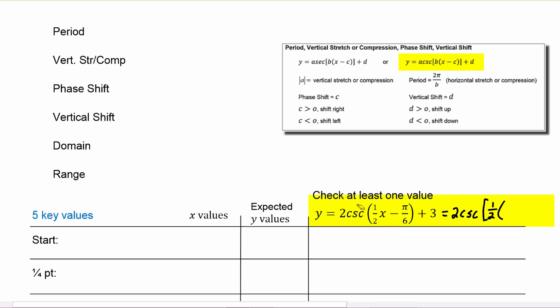So if we take 1/2 x times 2, we get x, and then minus, and we take pi over 6 times 2, and we get pi over 3, and we have a plus 3. So now we know A, B, C, and D. We know the period is equal to 2 pi over B.